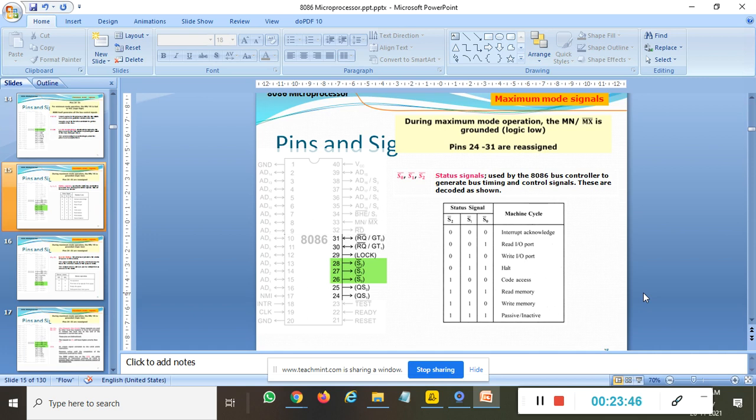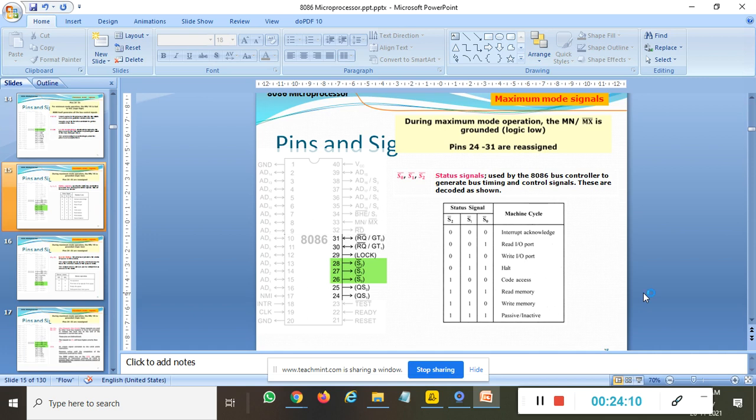But in maximum mode of operation, the MN/MX bar is grounded or logic low, and pins 24 to 31 are reassigned for maximum mode of operation.